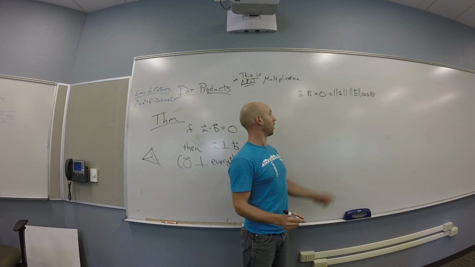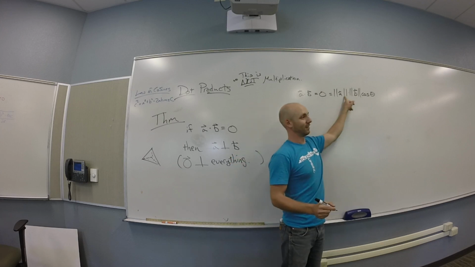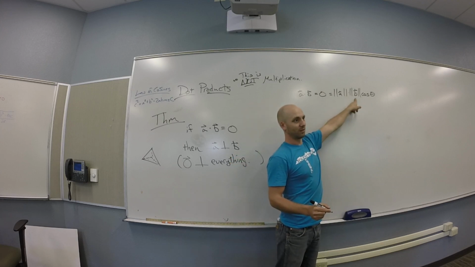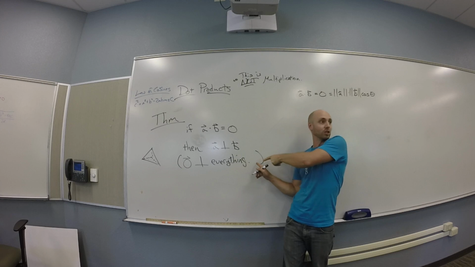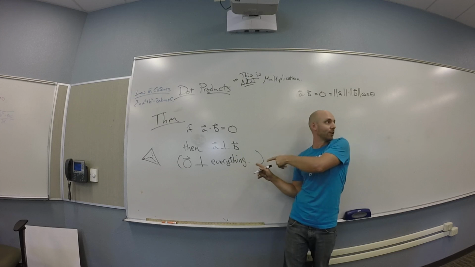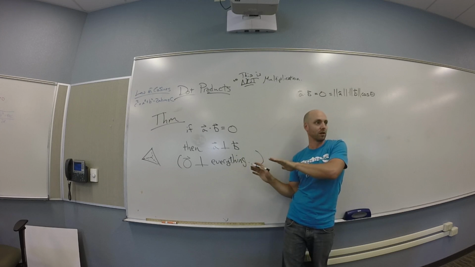If one of these is the 0 vector, that would make this true. I've already dealt with that by just saying the 0 vector is perpendicular to everything. You guys all good with that?